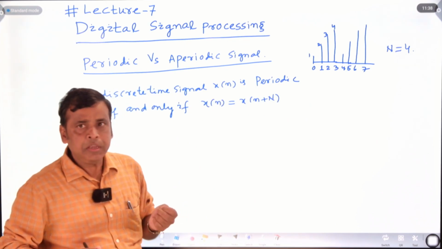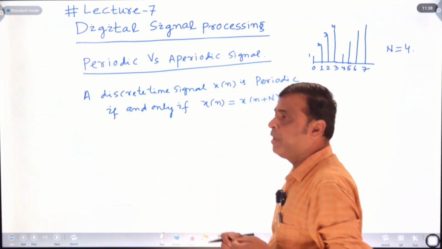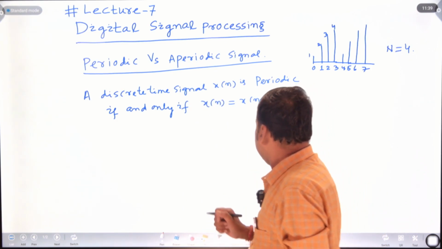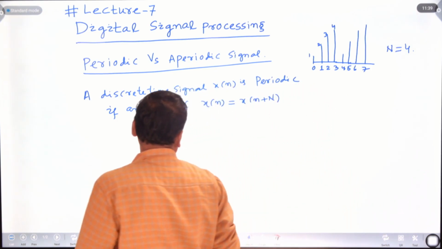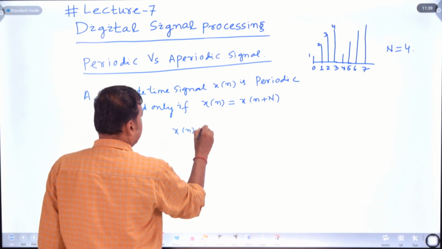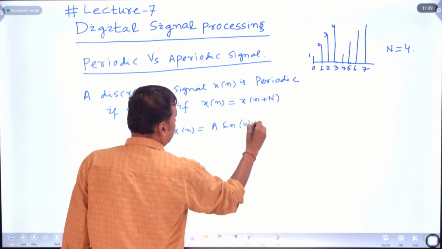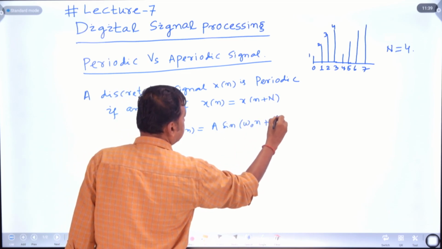So if a discrete time signal is periodic, the condition is what? x of n equal to x of n plus capital N. Suppose a sinusoidal signal is periodic, let x of n equal to A sin omega 0 n plus theta.